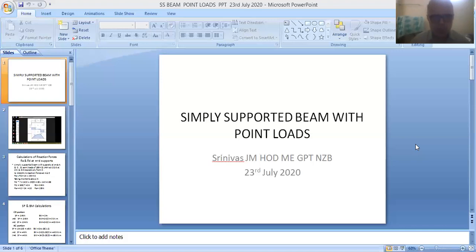That means a support is provided at the left end of the beam, and one more support is provided at the right end of the beam. Totally two supports are provided at the two ends of the beam. Therefore, they are referred to as simply supported beams.